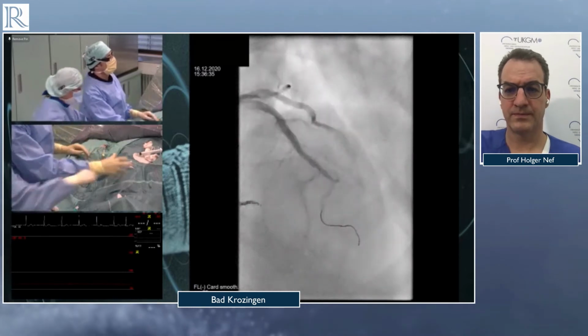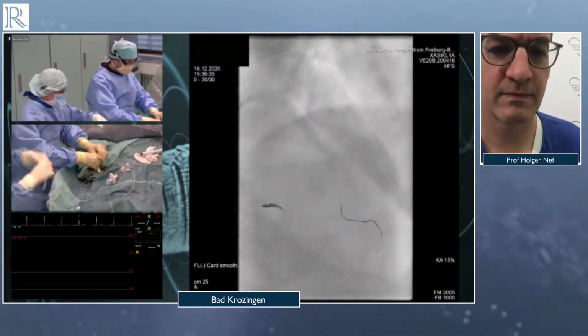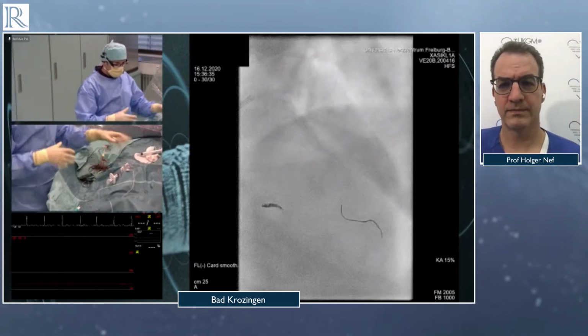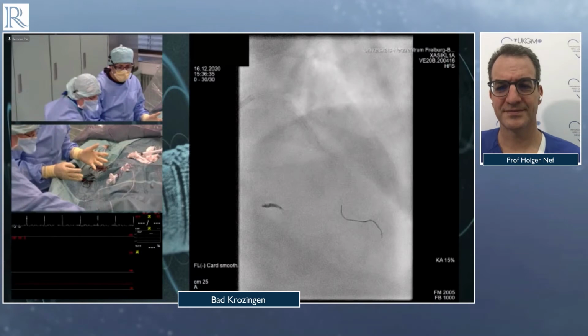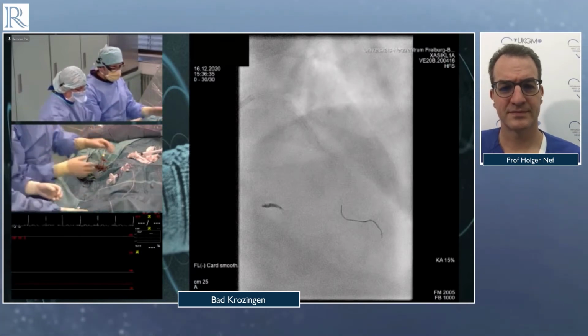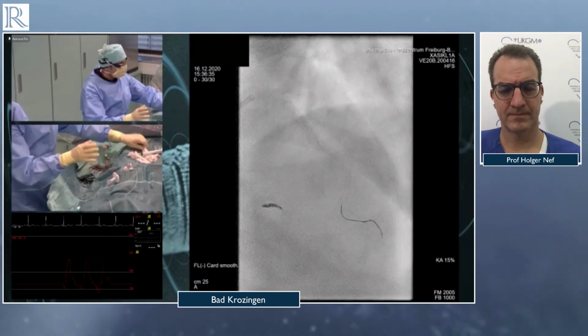Well, I think here it was clearly seen that the IVL worked also on the balloon, right? So we could really see that there was, especially in concentric calcification, I think it's straightforward. We have the dog bone, and if the dog bone is gone, the plaque is cracked, right? But in eccentric, it's a different story.